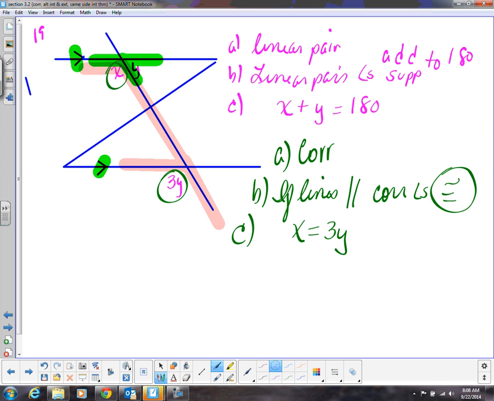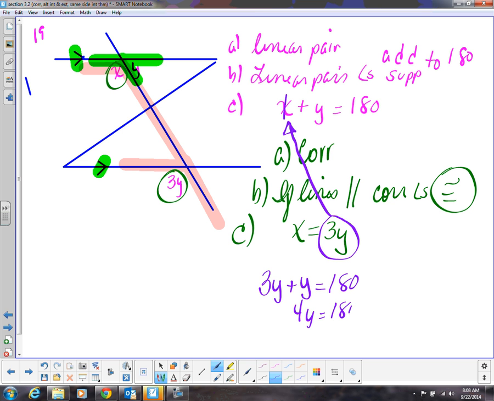All right, so let me ask you something. If x equals 3y, right, can I remove the x here and insert 3y in its place? So now this becomes 3y plus y equals 180, or 4y equals 180, or y equals 45. Now, how are we going to get x? You could get x here, or you could get x up there.